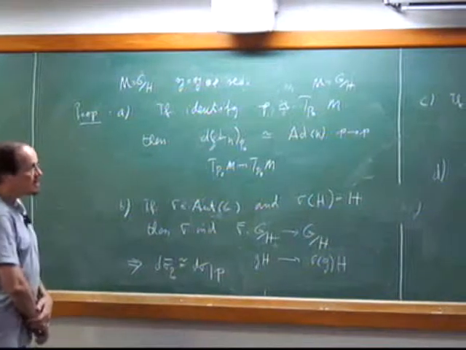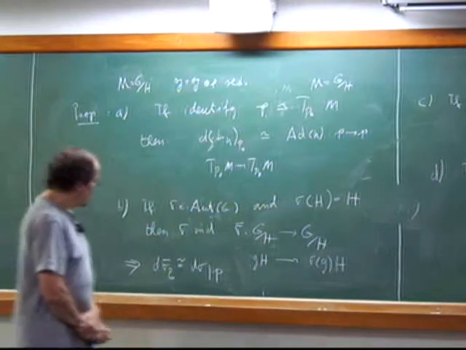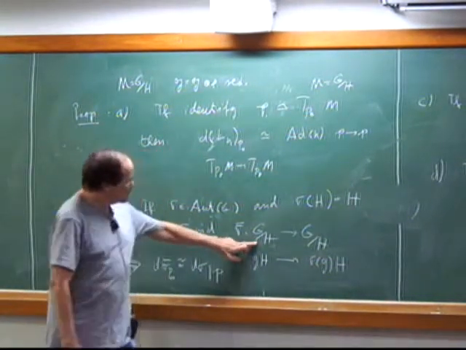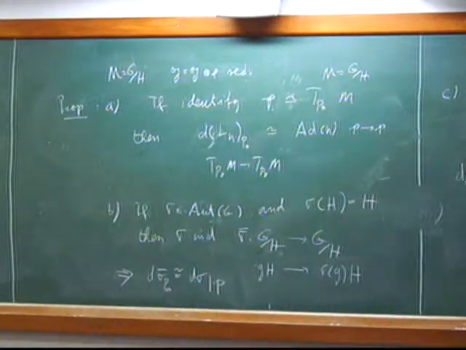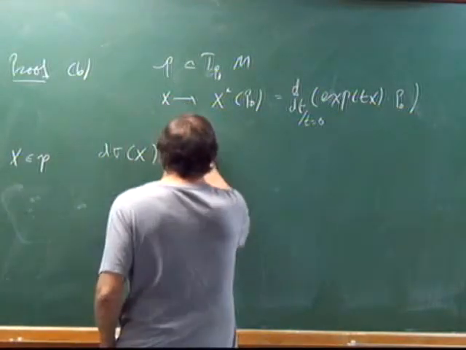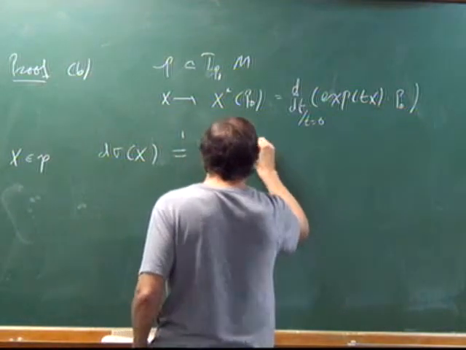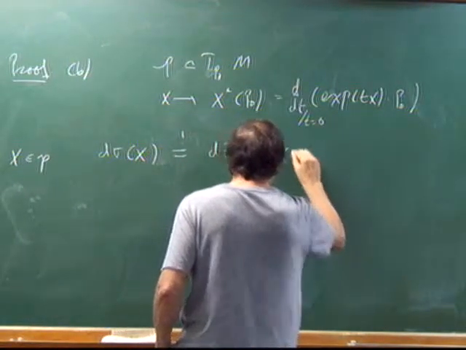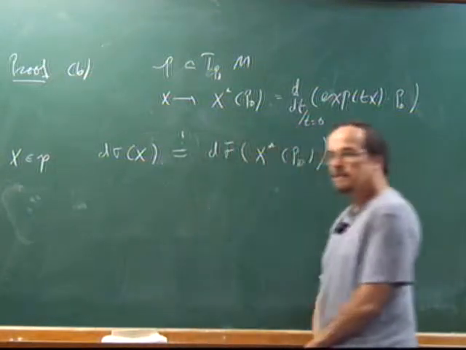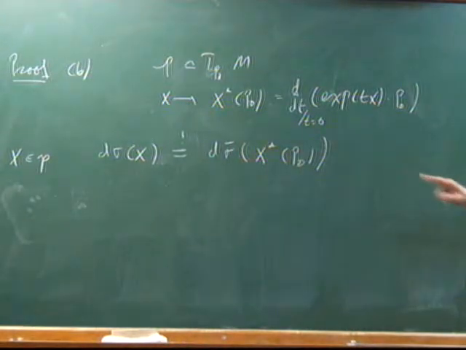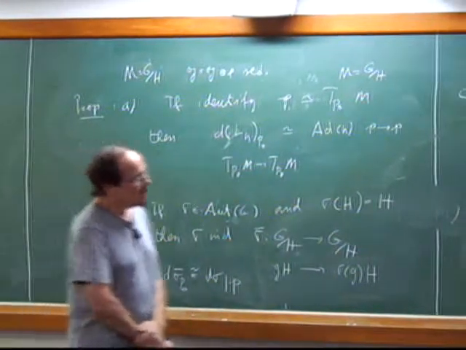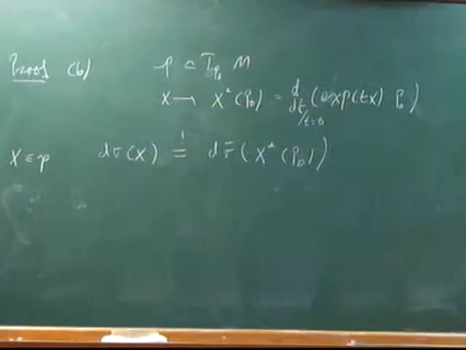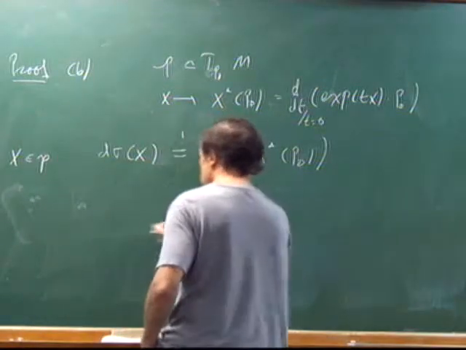And d sigma bar is a diffeomorphism from G mod H to G mod H. That's my manifold. I can apply it to an action field. So I have to show that's equal to d sigma bar applied to x star at the point p naught. That's what that relationship here means. And the identification here is x, here's x star, and then they should be the same. Okay, so let's maybe start with this one right here. What is this?